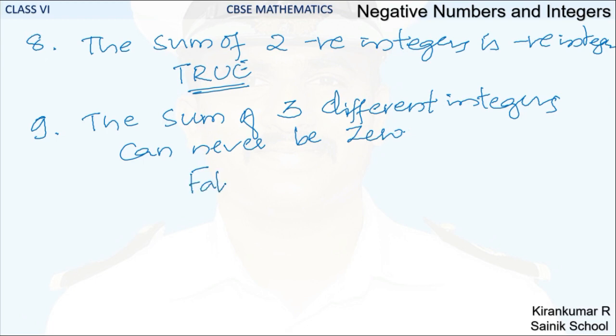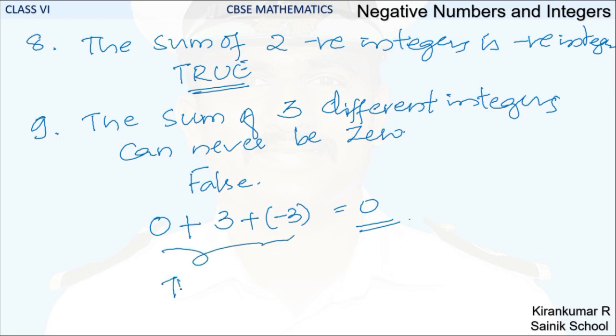It's false, because I can consider integers as 0 added to 3 added to negative 3. The result is 0. Here, three different integers are taken. These are three different integers.